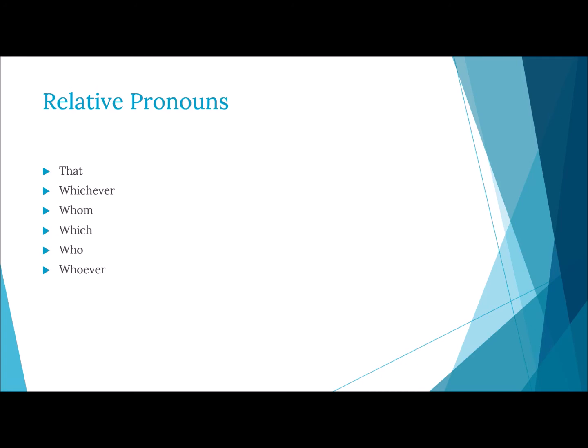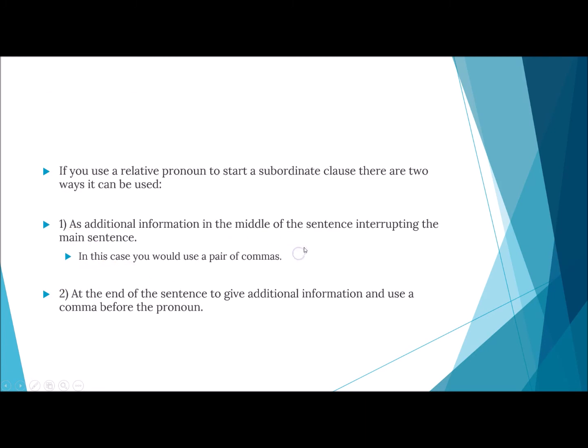These relative pronouns are a little bit different, and these are the relative pronouns we can use. So that, whichever, whom, which, who, whoever. Now let's see them working. So if you use a relative pronoun to start a subordinate clause, there are two ways you can do so. One is, as we saw before, as additional information in the middle of your sentence, interrupting that main sentence.